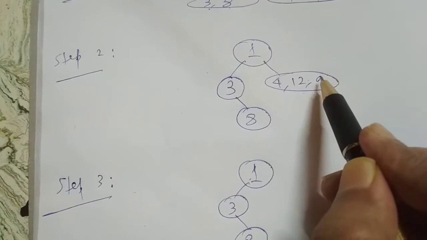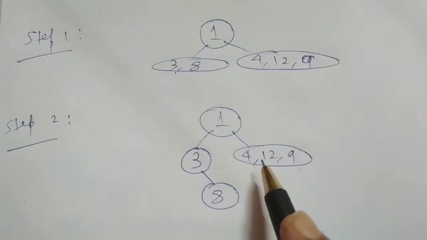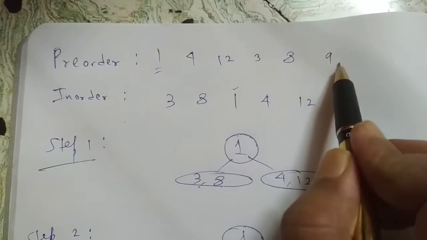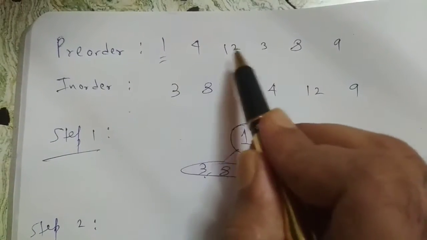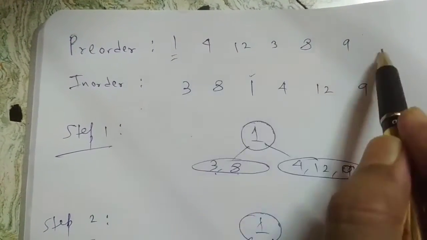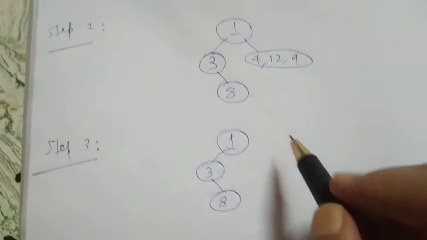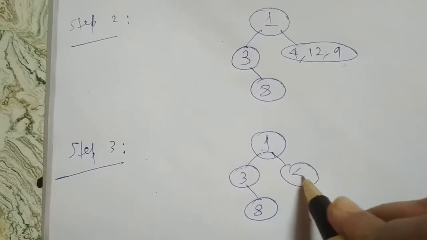To determine the root of this subtree, we have to look at the pre-order. The elements are 4, 12 and 9. Out of these three elements, which comes first? The element which comes first is 4. So the root of this subtree is 4.